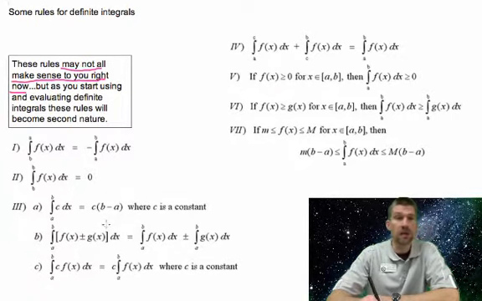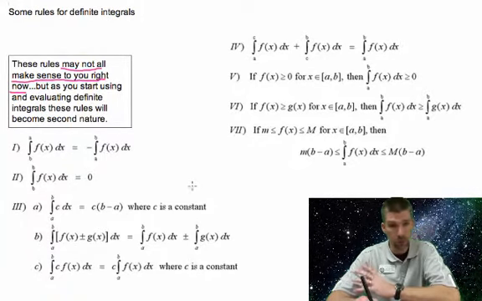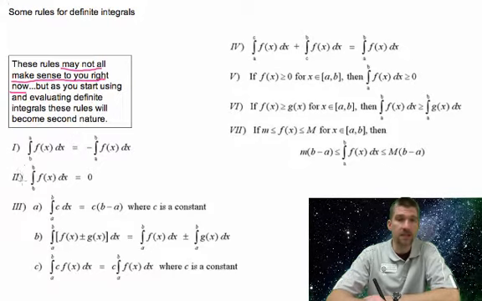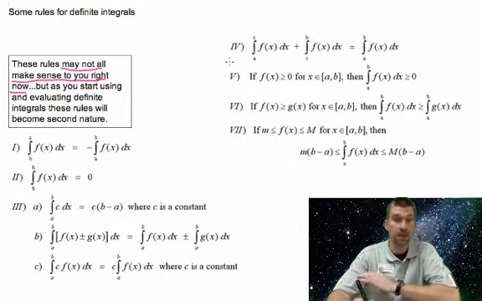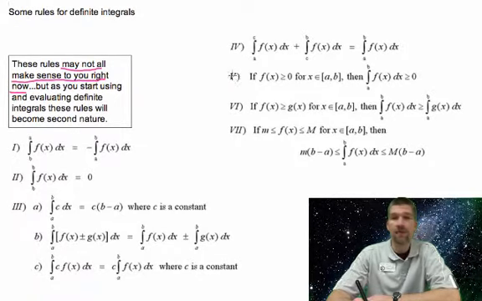Some of them we're going to use a lot, and some of them not very much at all. But these are the rules, okay? Of these, the most important ones would be 1, 2, 3, and 4. These are the ones you use the most, period, end of story, in almost every definite integral problem you do. 5, 6, and 7 are a little bit different.